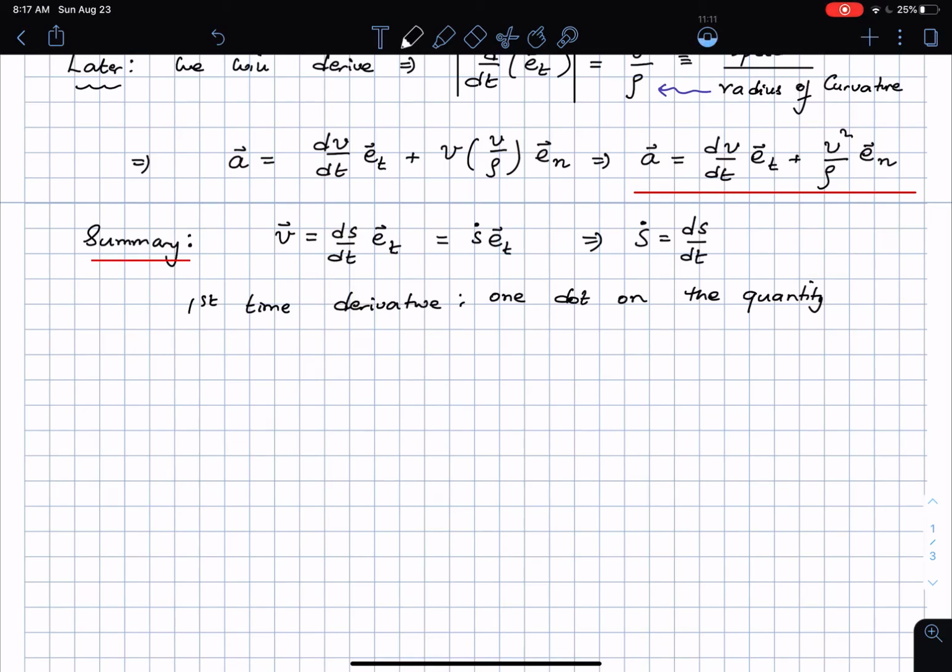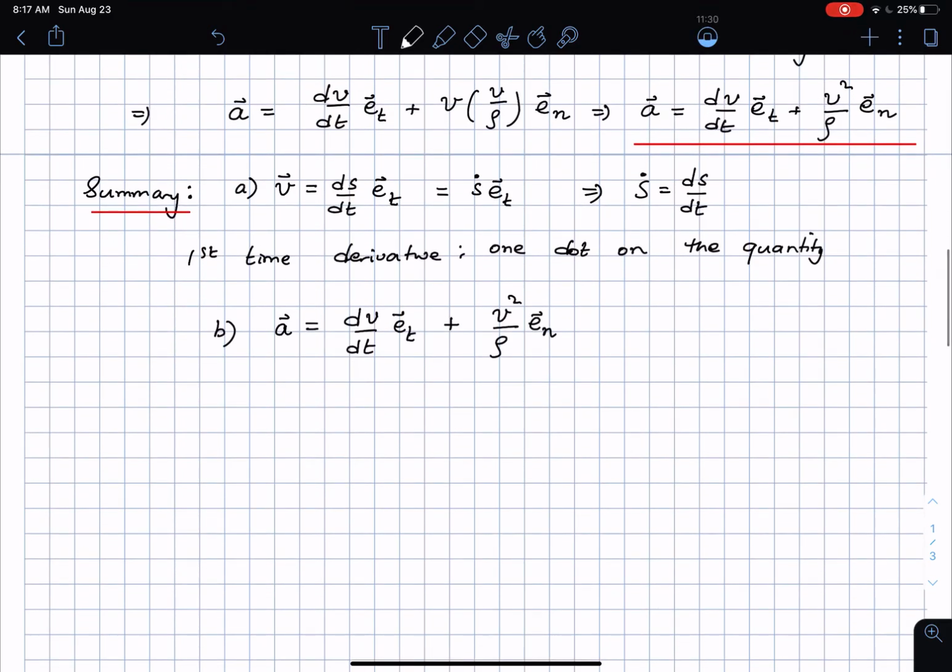And then the acceleration vector is a, which is dv by dt times e_t plus v squared by rho times e_n. And if you're more comfortable, you can also write it in the following manner: a is dv by dt e_t plus v times d by dt of e_t. Both of them are fair game.